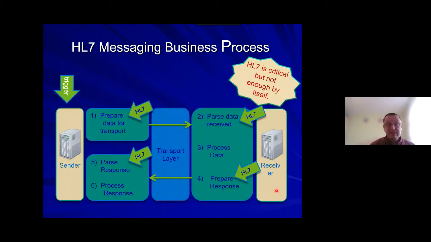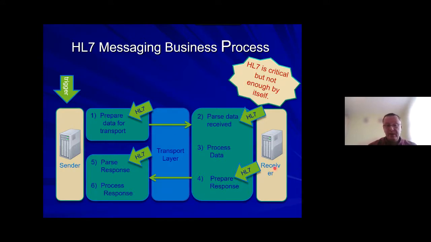So a conventional scenario of how HL7 could be used is when we want two different facilities to exchange some medical records data: one sends, encoding and converting the data into HL7, and transmits it to the receiver, where the data is decoded and processed, and some responses are created, which are again formatted in HL7 and sent back to the original facility if necessary. Sometimes, not every time, it's necessary.